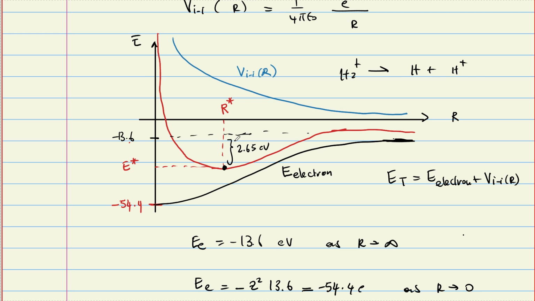The amount of energy you need to pay is 2.65 experimentally. And that means this E star is going to be minus 13.6 minus 2.65. So I got a little bit mixed up, but it is below 13.6.